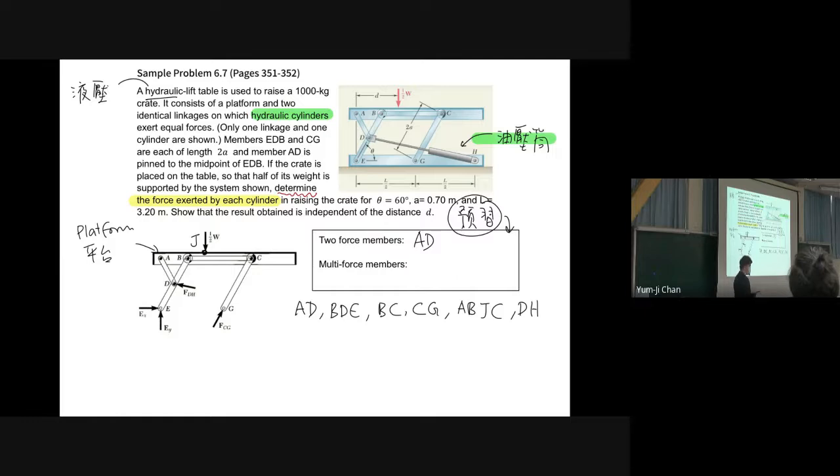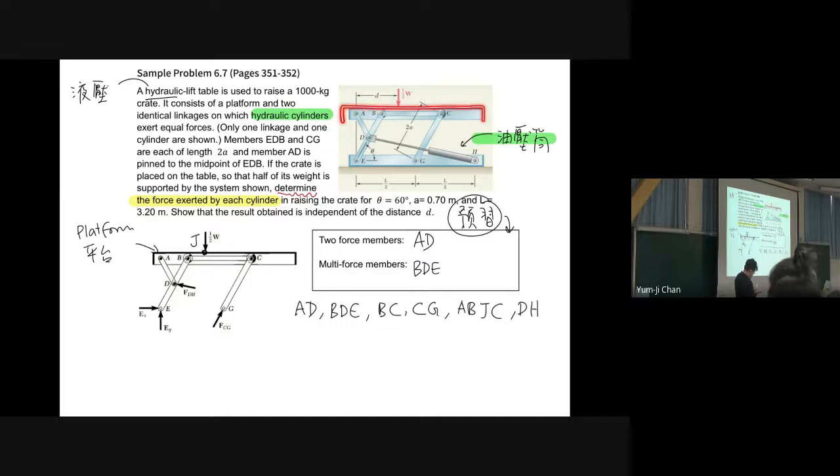Now for BDE, external forces act on points B, D, and E. So it is not a two force member. It is actually a three force member. Now for BC, this force and half of W act on here.